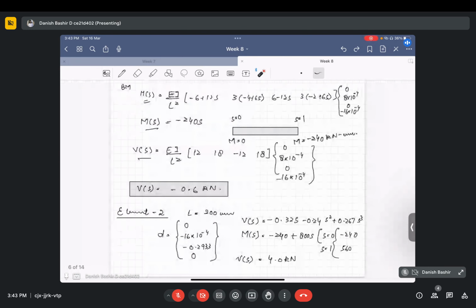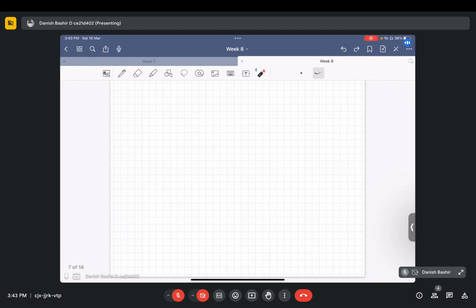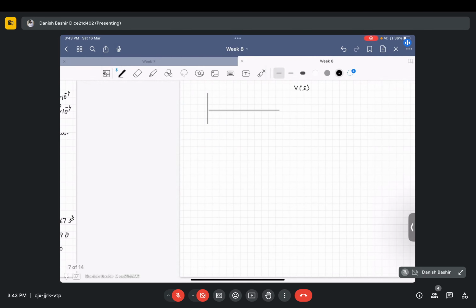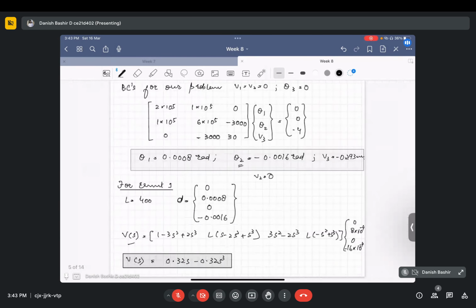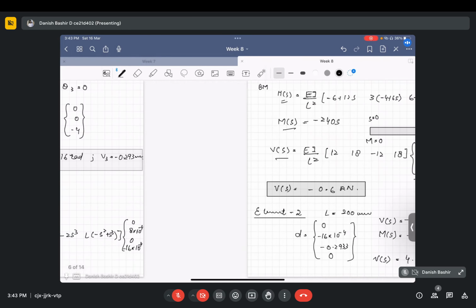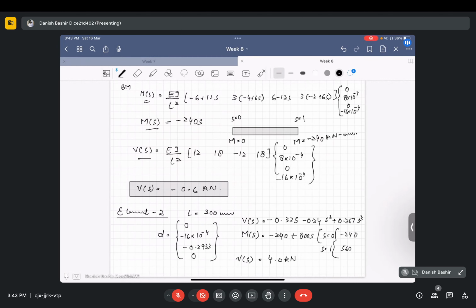We got all the things, so we can easily plot the deflected shape as well as other things. So for the deflected shape we have to use the V of S equations. V of S is cubic here, and here as well it is cubic.